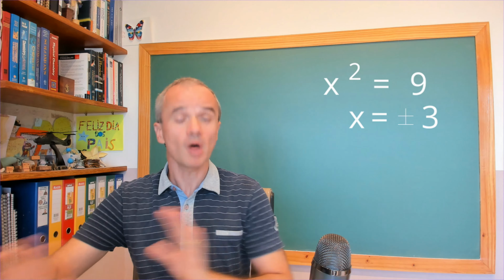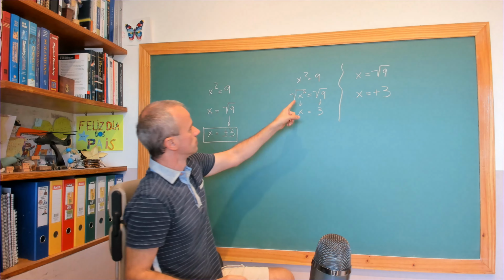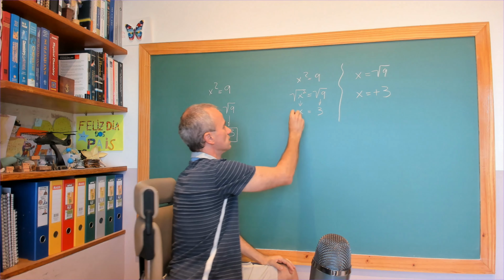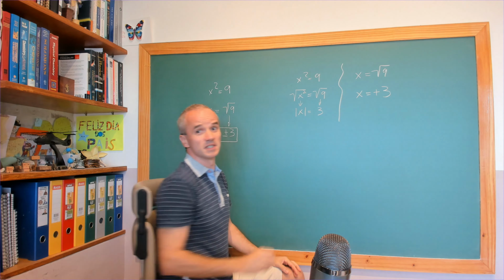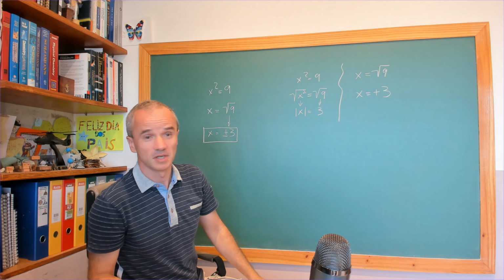It is. This is 3. But this, it's not that. Oops, I'm sorry. This is squared here. This is not x, this is the modulo of x. It's something different, so be careful. Of course, when you do it very fast on the exam, we do this. This is correct, but be careful how you write things in math.